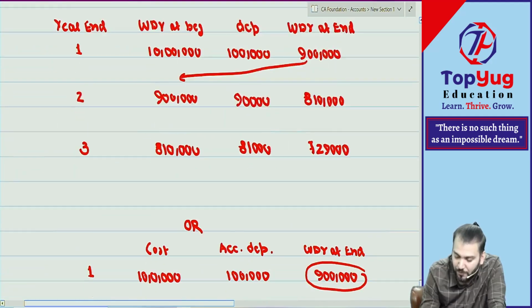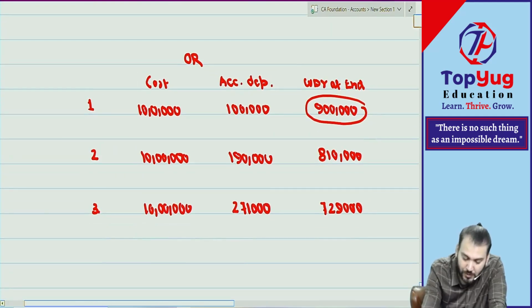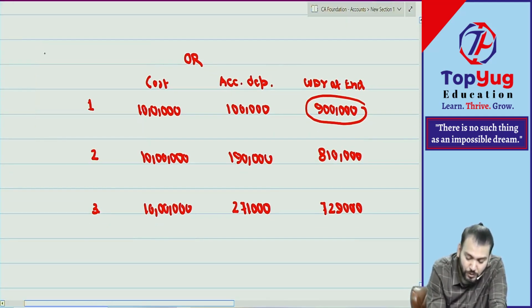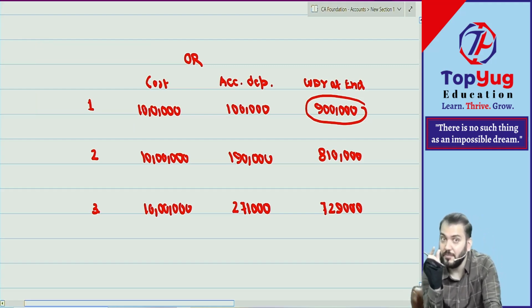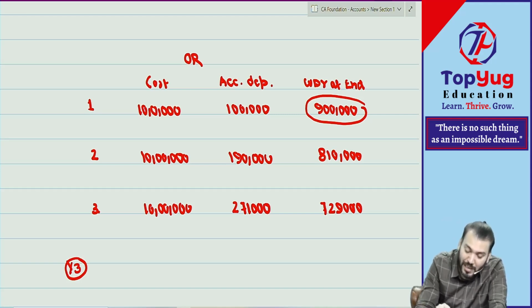If you are calculating this, tell me everyone, because to calculate depreciation you want WDB at year beginning. Now in year 3, in year 3 you will calculate depreciation on 8 lakh 10,000 or 7 lakh 29,000?